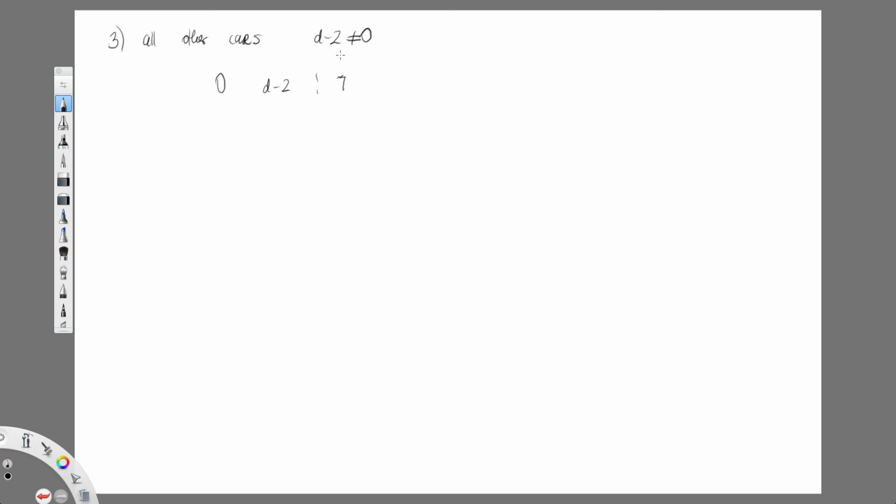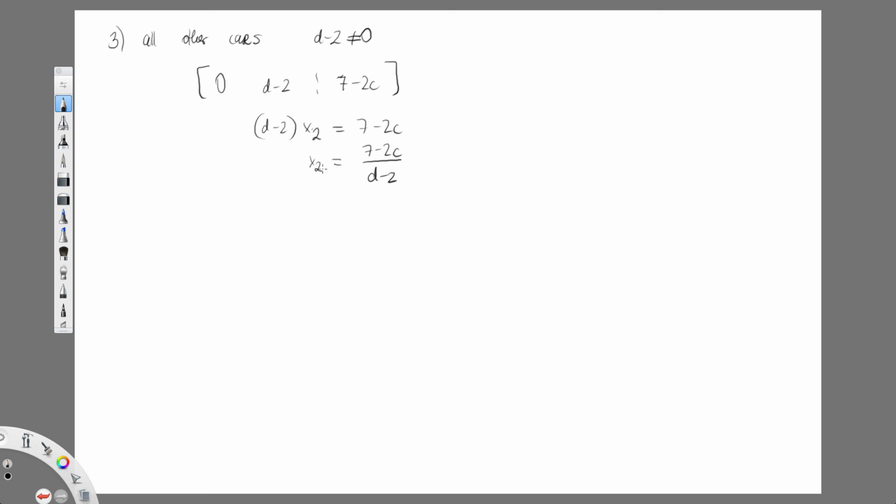Can somebody tell me? 7 minus 2c. So then I actually go with back substitution. So d minus 2 times x3 is 7 minus 2c. The fact that this is non-zero means that I can divide. So this is my x3, because we had x3 the entire day today.